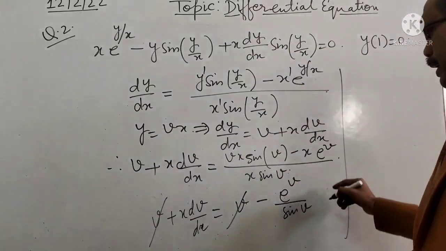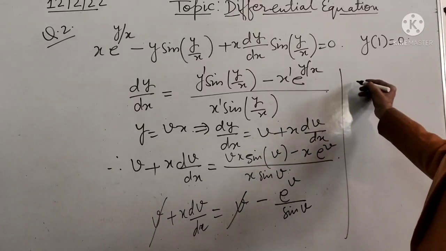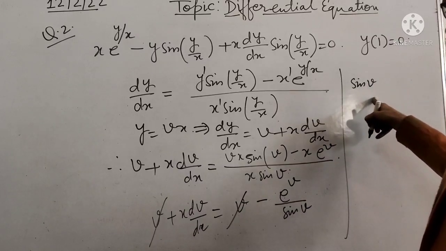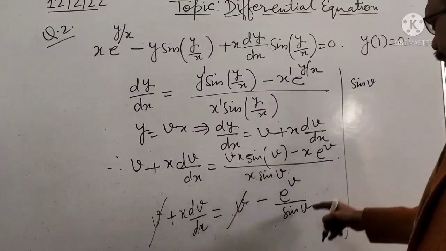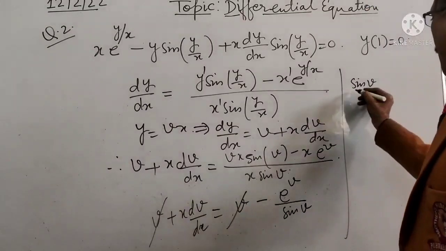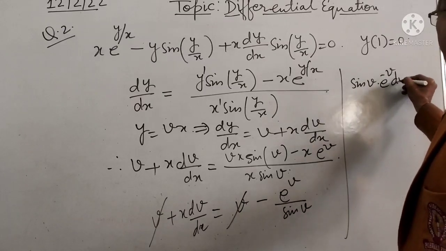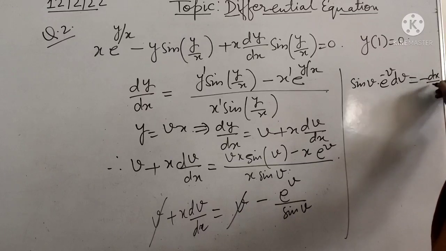So it is sin v into e power v. Sin v into e power minus v dv equal to minus dx upon x.